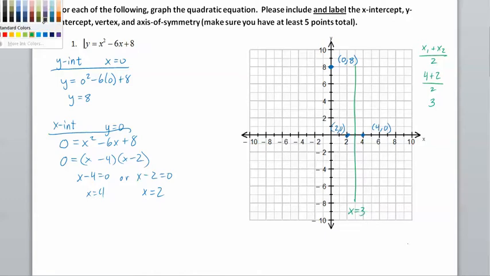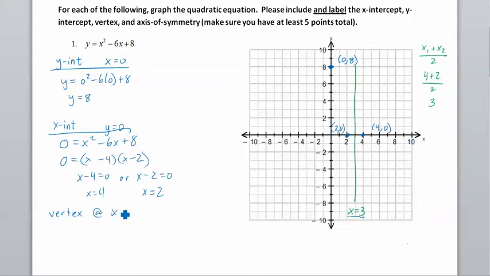Now, if that is the axis of symmetry, that means we can find the vertex, because remember, the vertex is on the axis of symmetry. So if the axis of symmetry is at x equals 3, we can now plug that in and solve. So let's go vertex, which is at x equals 3.